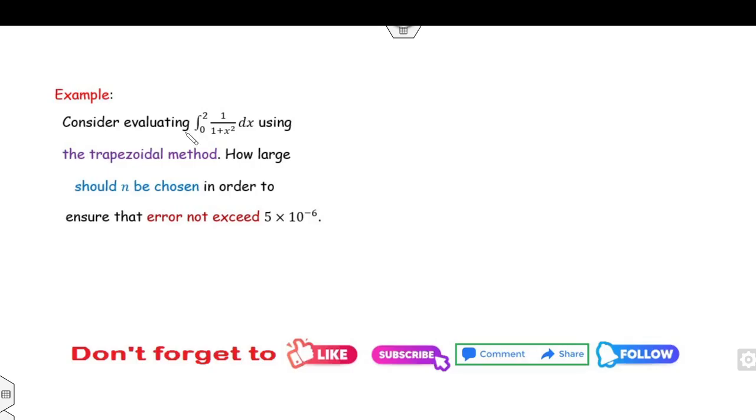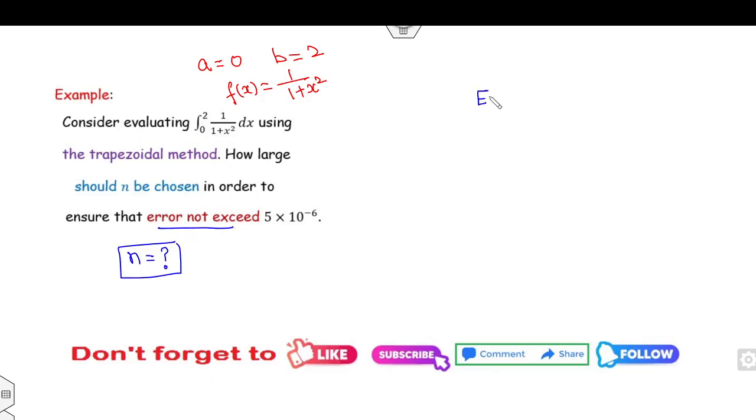Consider the function. So a is my 0, b is my 2, function is my 1 over 1 plus x square. How large the n we will choose? So your target is to find the value of the n so that error is not exceeding. This is the error.